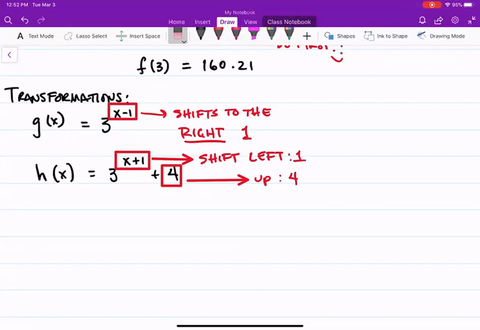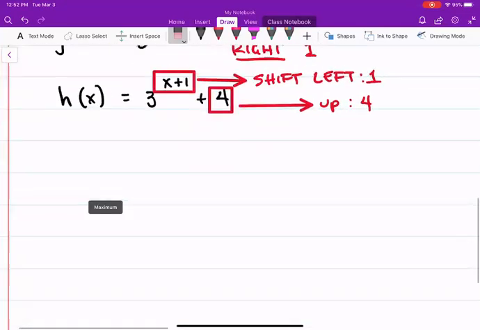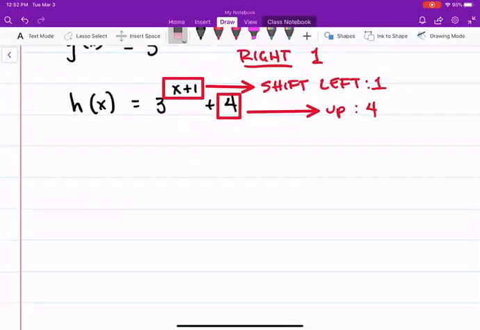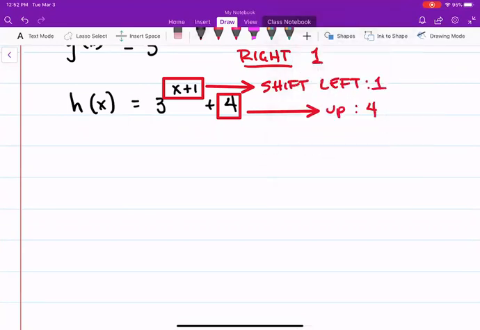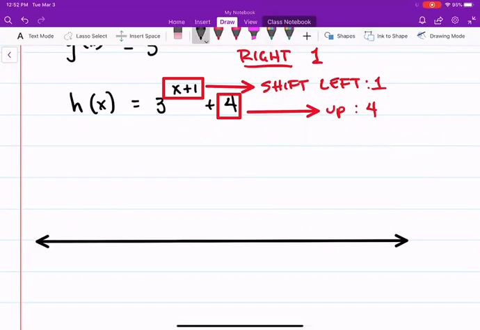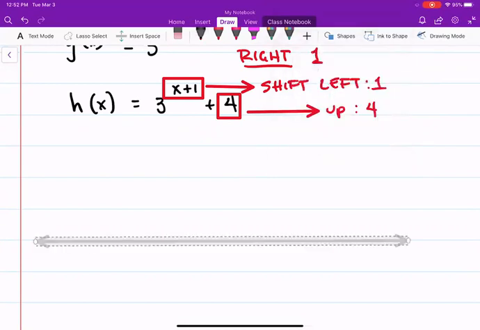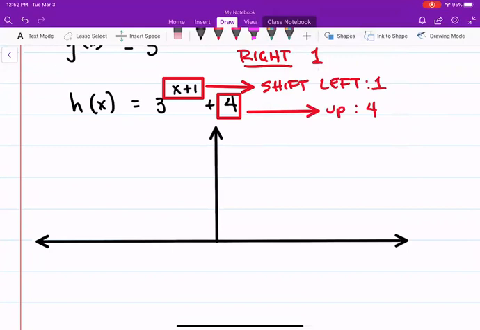All right, so the question is, what does this graph actually look like? How do I want to do this?